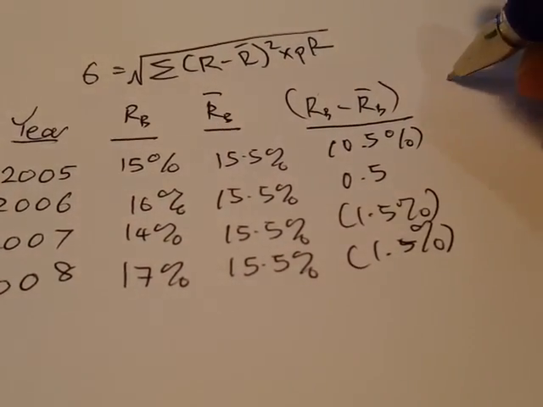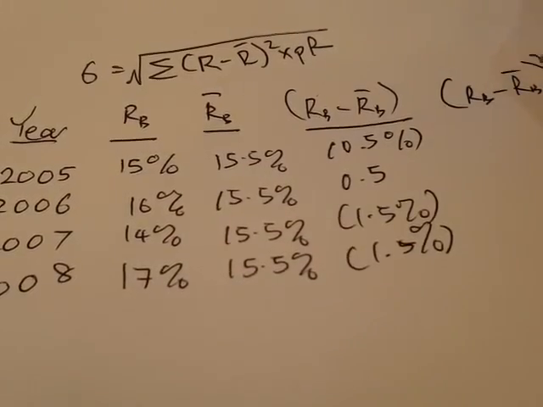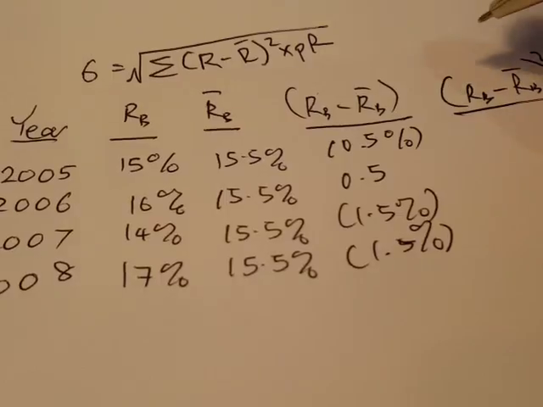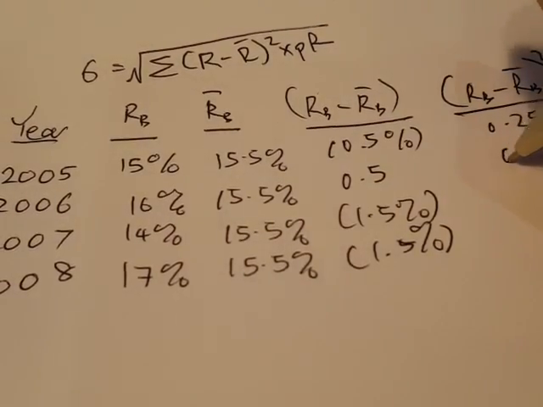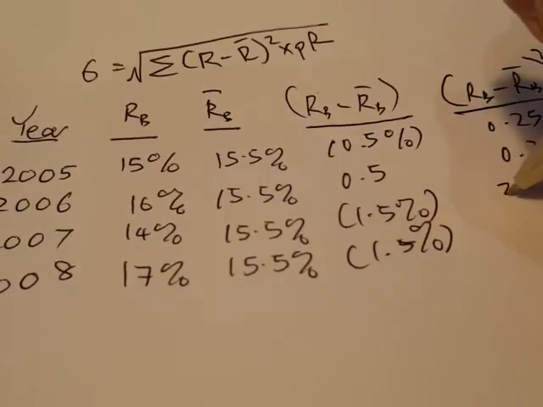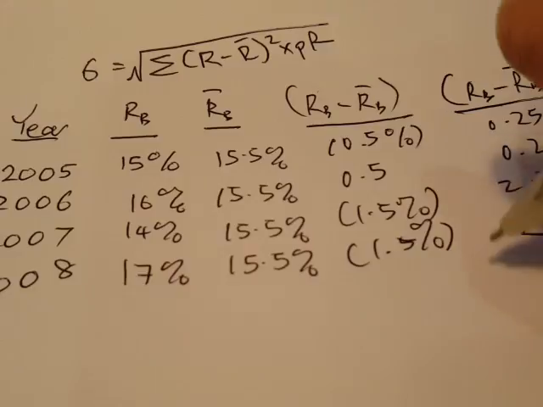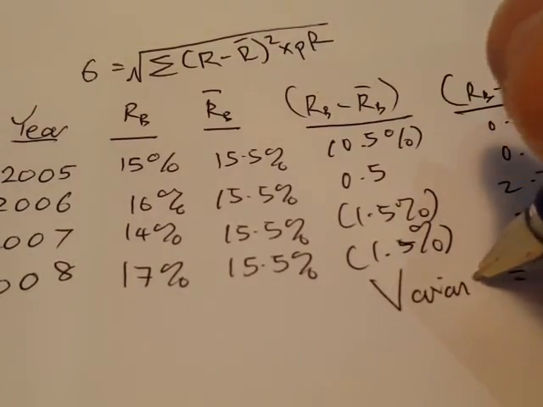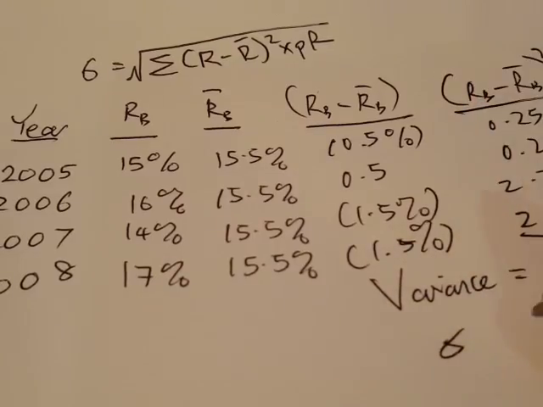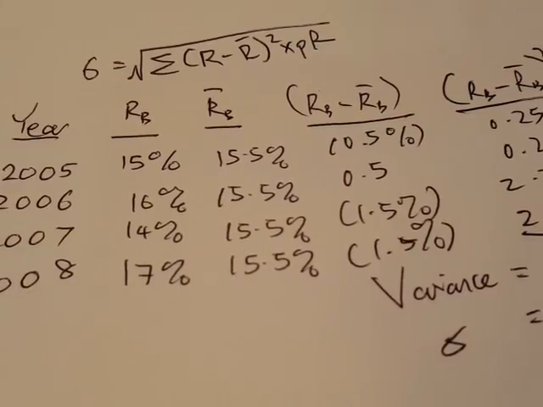And now square it, you get 0.25, square this, you get also 0.25, square this, 2.25, 2.25, in total 5. This is your variance. So standard deviation is square root of variance, you get 2.24.